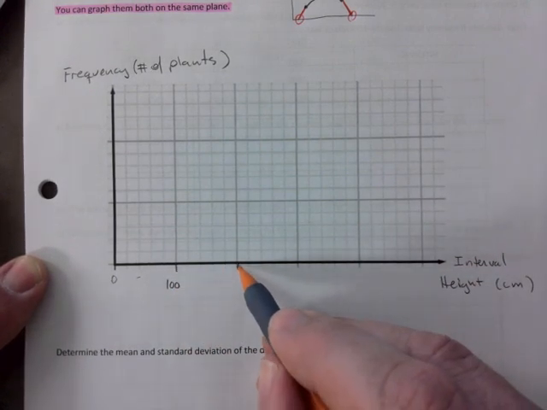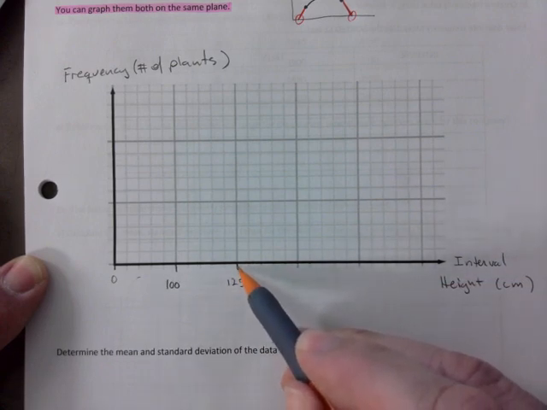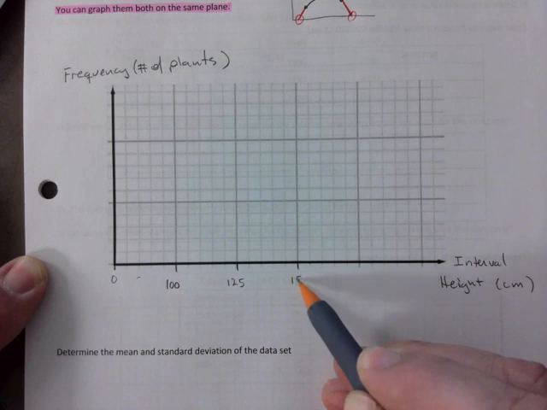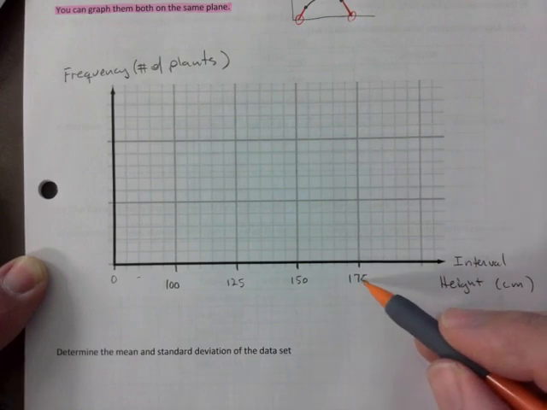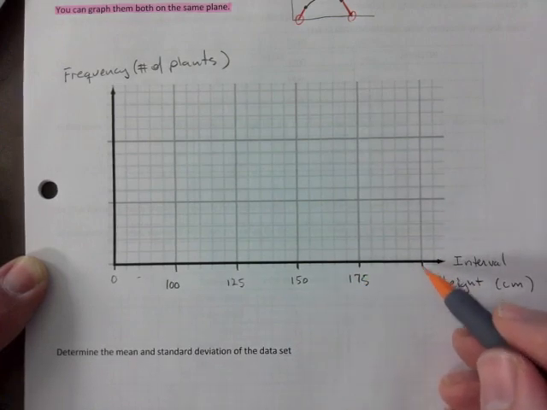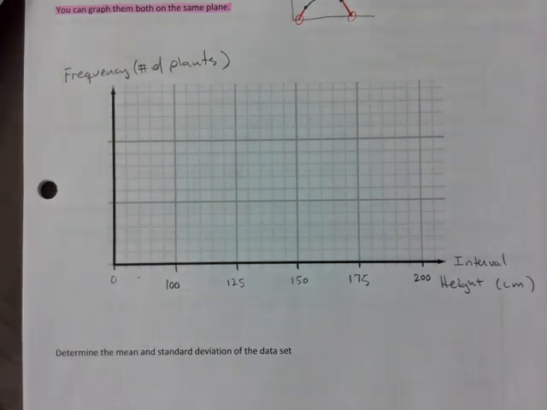And then I'm going to say, well, this is going to be my 125. And then you go from 125 to 150. And then you go from 150 to 175. And then we go from 175 to 200. And if you look at your table, that's where it ends. 200 is where it ends.